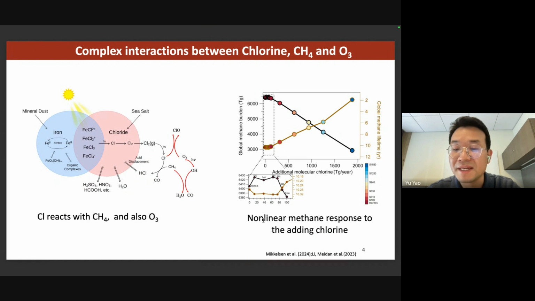According to a study by Li and Maiden in 2023, additional chlorine needs to reach a certain threshold to really result in reduced methane lifetime. They found the threshold is around 90 teragram per year. If it is over this threshold, we can see methane reduced with increased chlorine molecules.